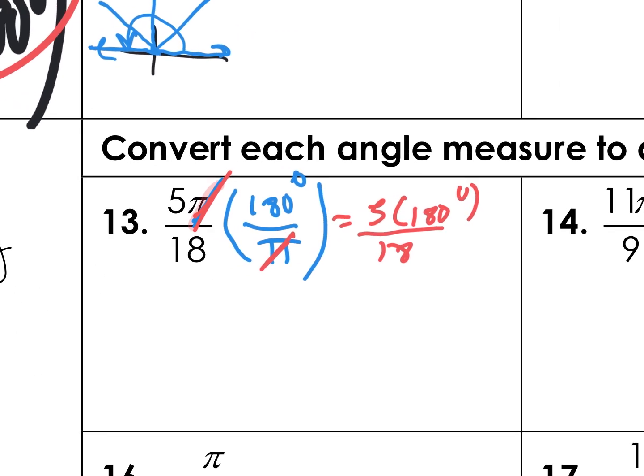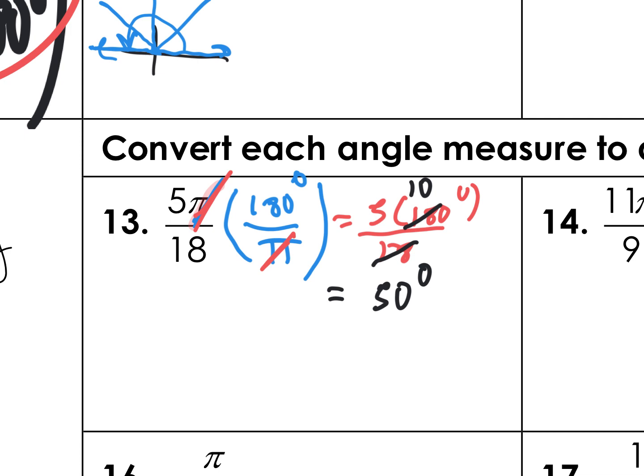Now, I don't know how you're going to simplify this, but since I've done a million because I'm almost 100 years old, 180 divided by 18 is 10 up there. So I did some simplifying right away, and I can now be confident that the answer is 5 times 10, 50 degrees.